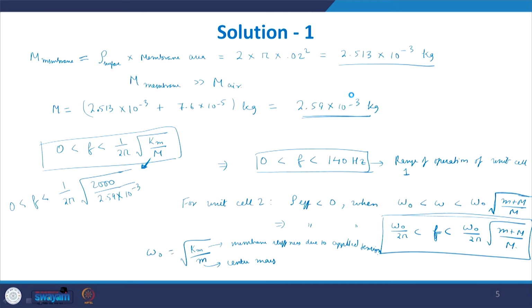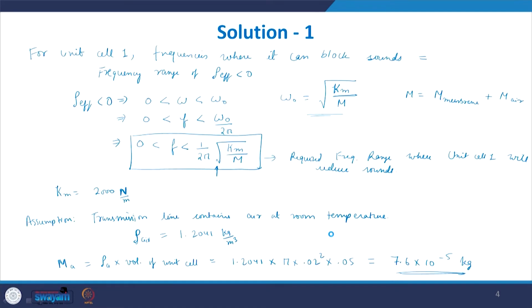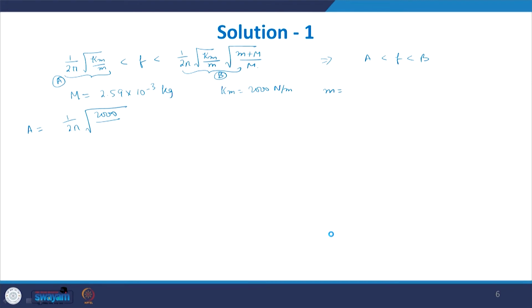So for the center mass, some surface density is provided, that is 200 kgs per meter square, and the diameter is given to you. So how do you calculate the center mass? This becomes the surface density of the center mass multiplied by its area.